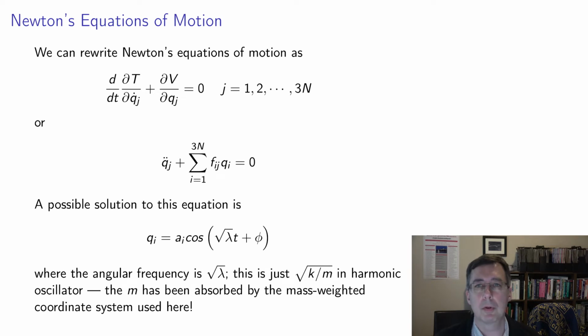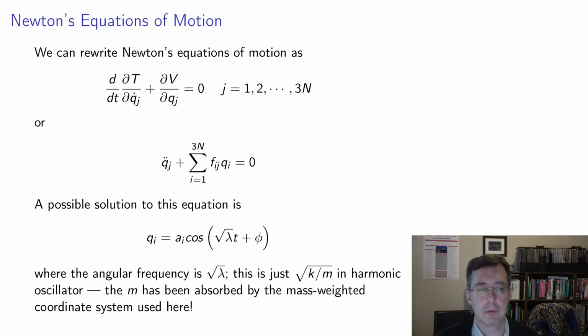So then what I'm going to do is essentially write F equals ma, but in a fancier looking form: the time derivative of the partial derivative of the kinetic energy with respect to one of these q dots, plus the partial derivative of the potential with respect to one of the q coordinates, equals 0 for all possible mass-weighted coordinates.